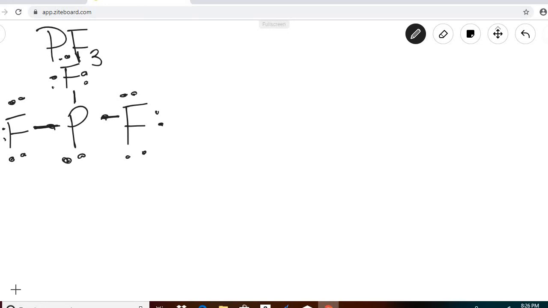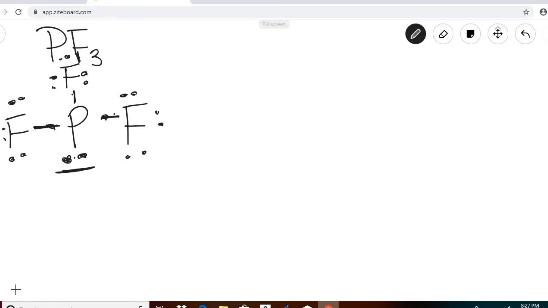Okay, so then to draw a stick figure for this, we see that the phosphorus has 4 pairs of electrons around it, but one of those is not bound to anything.